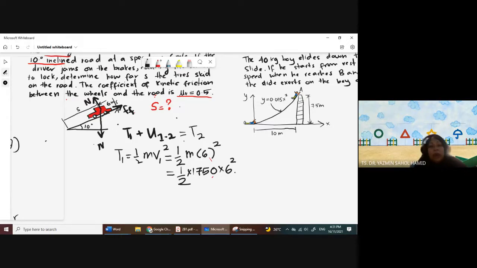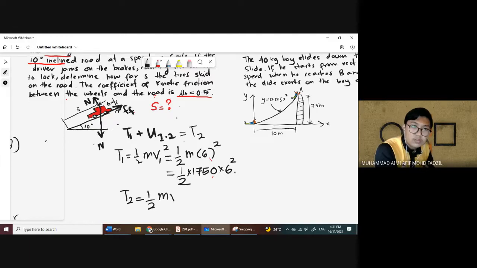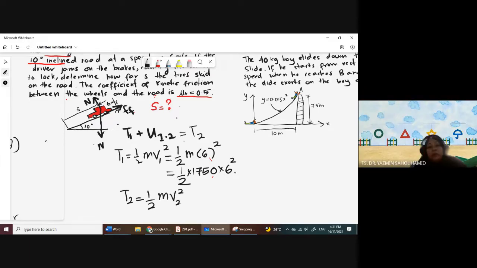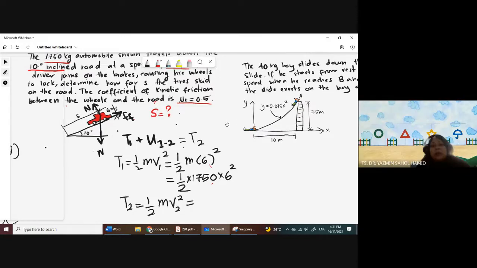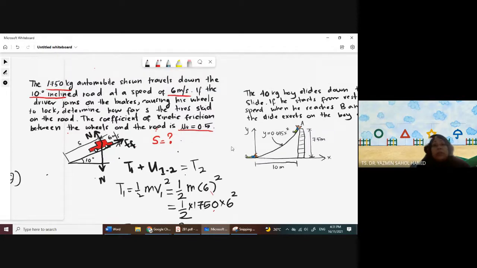Please calculate it first. So what is your T2? What is your velocity for V2? Don't know? Same as 6? Not the same. Try reading the question. If the driver jams on the brakes, causing the wheels to lock.